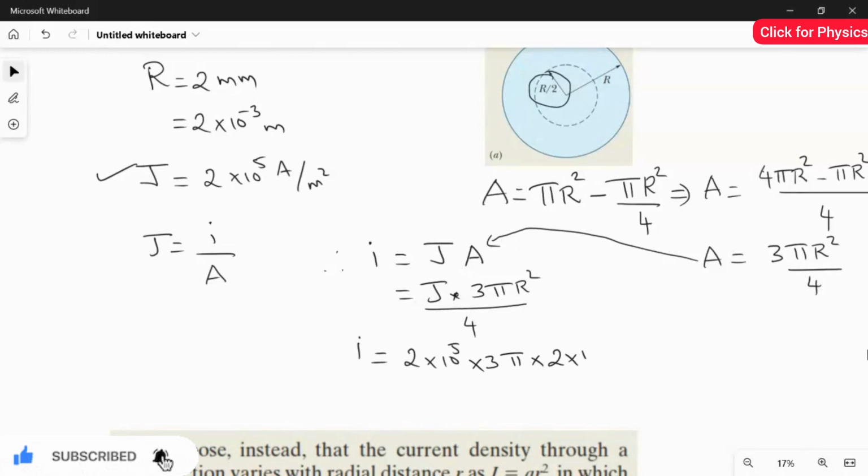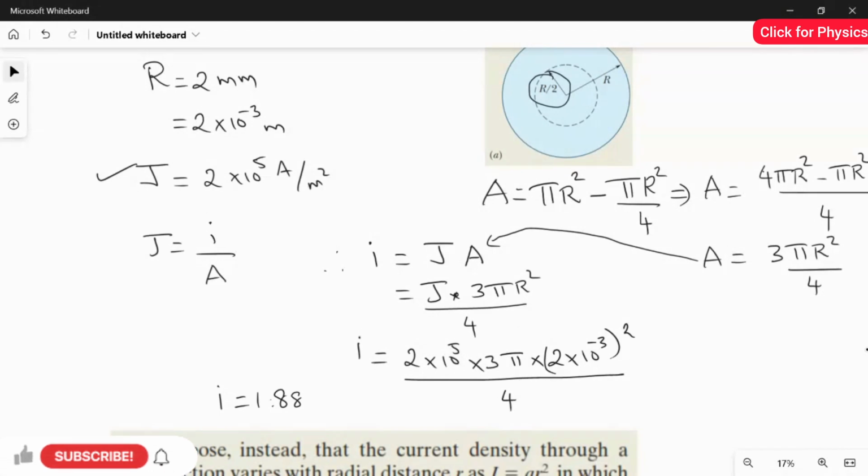So 2 multiply 10 power minus 3 the whole square divided by 4. So let's see what is the answer for the current. I got the answer here as I equal to 1.88 ampere. So this is the answer for the first part.